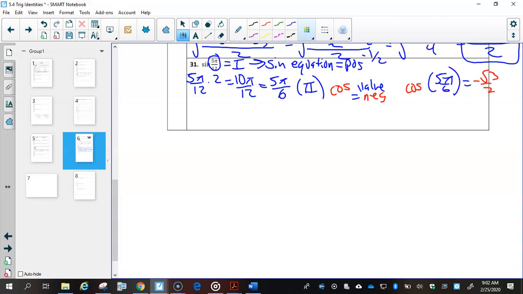Now you could still write down sine, but you don't need it. You would still need to find cosine. Oh, my bad. The only one you may need sine's value for is tangent, if you're using one of the others.